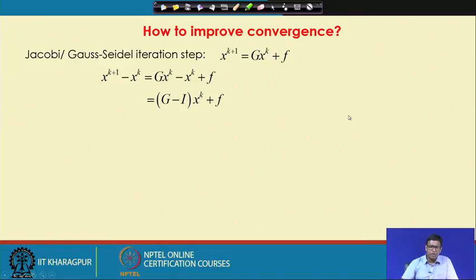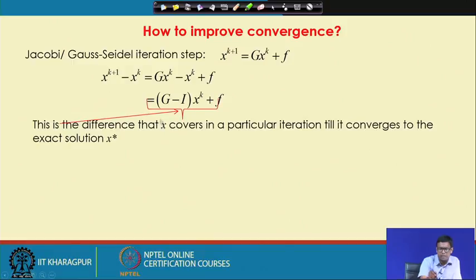At every iteration step, x k plus 1 minus x k is equal to G x k minus x k plus f. So after every iteration step, x k plus 1 is modified by this term, G minus I x k plus f, the difference between consecutive guesses.